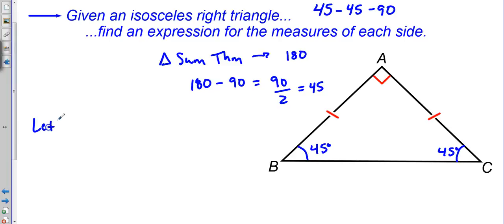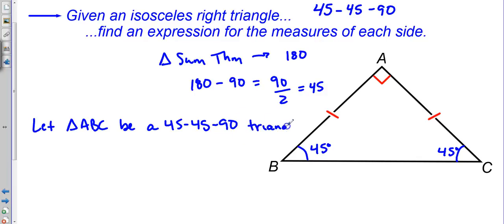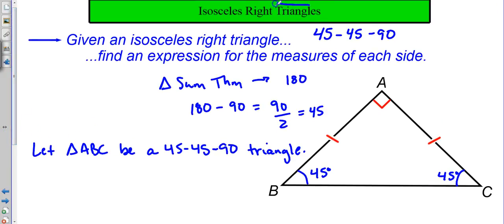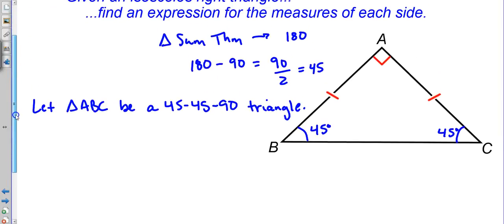So first thing is we're going to let triangle ABC be a 45, 45, 90 triangle. All right, and we just talked about those characteristics. A 45, 45, 90 triangle really just means that it's an isosceles right triangle. So you can state it both ways.